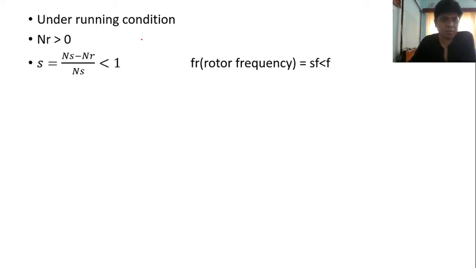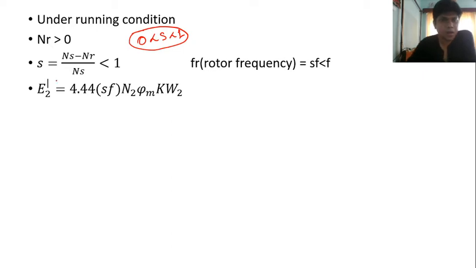In an induction motor, slip always varies from 0 to 1. So here the slip is less than 1. If slip is less than 1, that means the rotor frequency SF is also less than F, right?